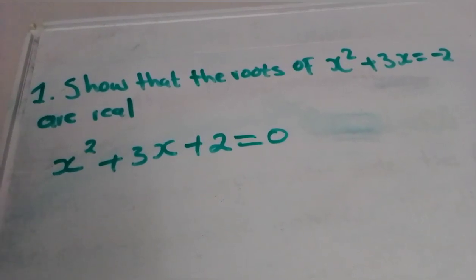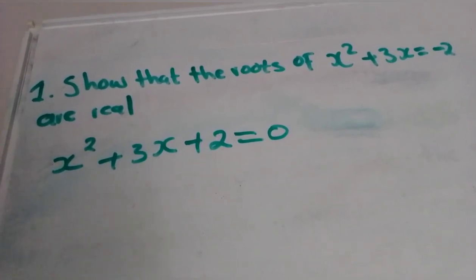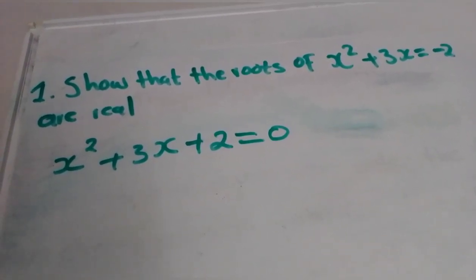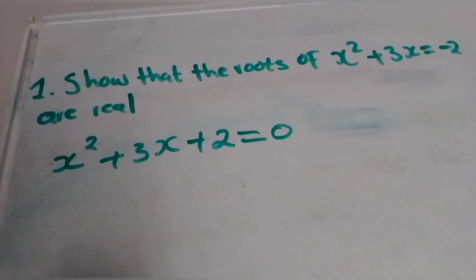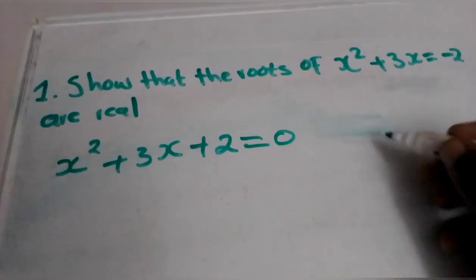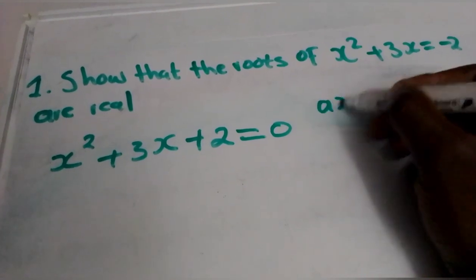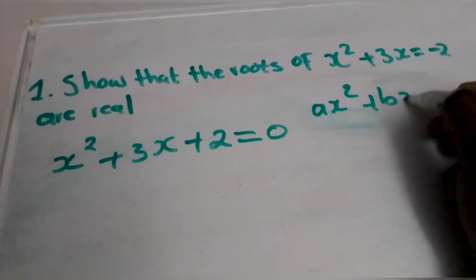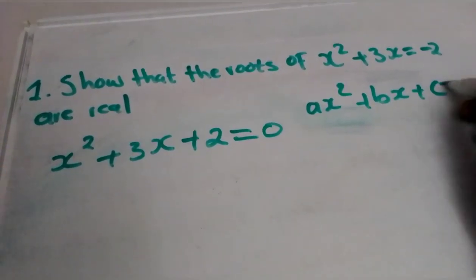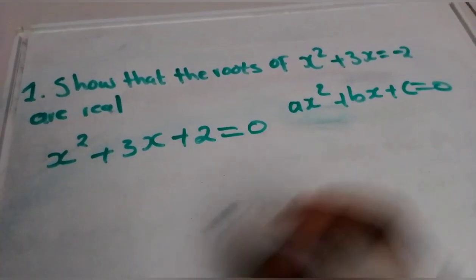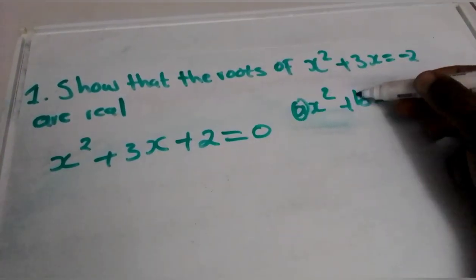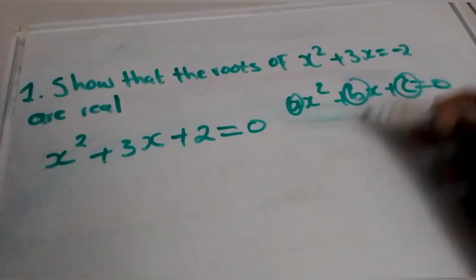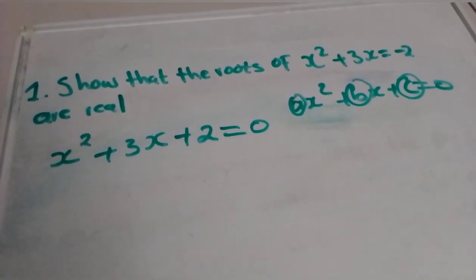When we are here, we need to check our coefficients. Let's remember this: on our quadratic equation, ax squared plus bx plus c equal to 0, the only thing we are now interested in is to take the coefficients so that we can substitute them into our formula.